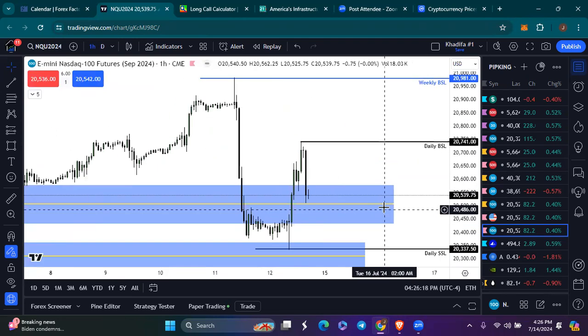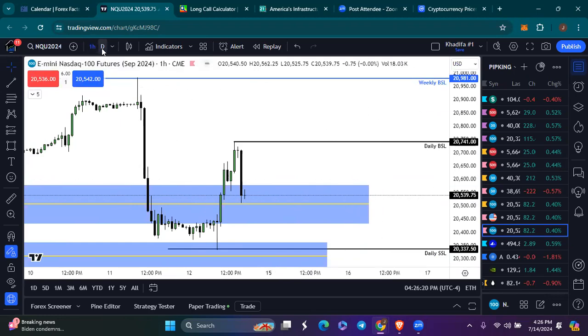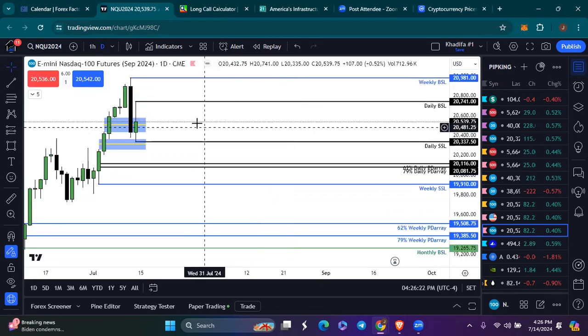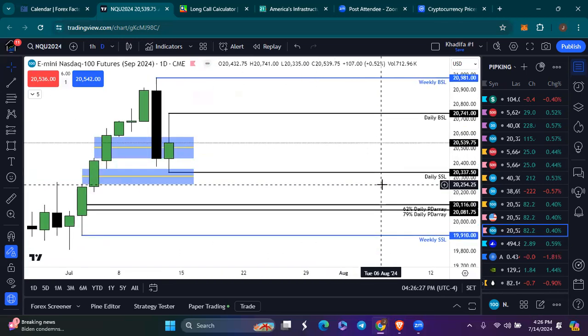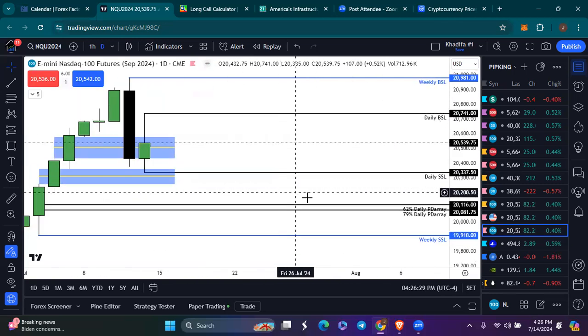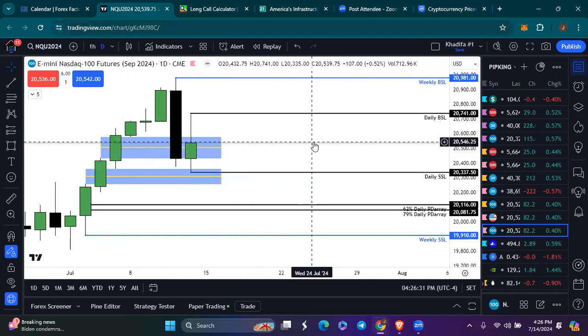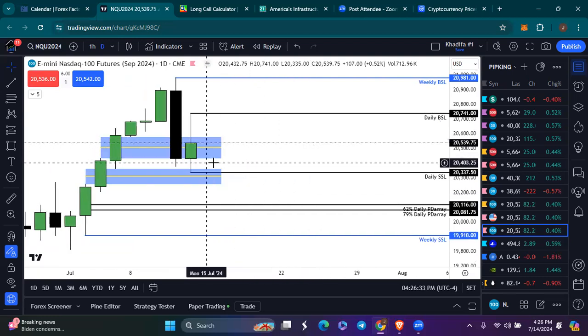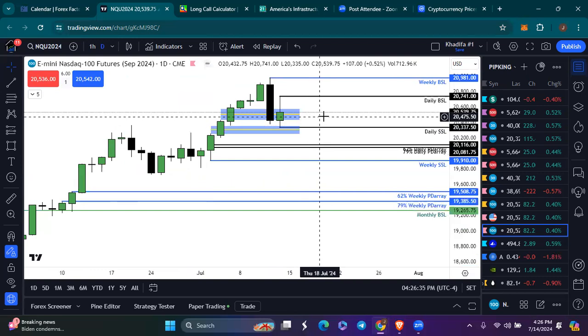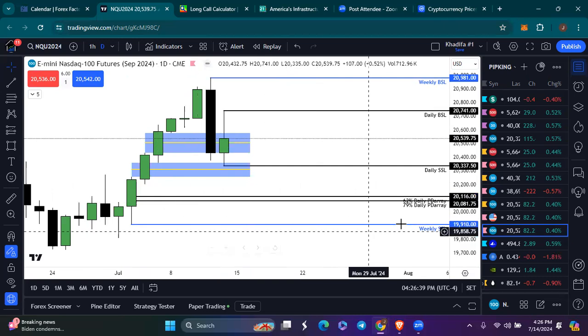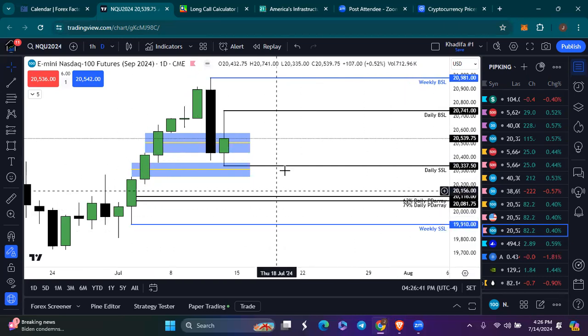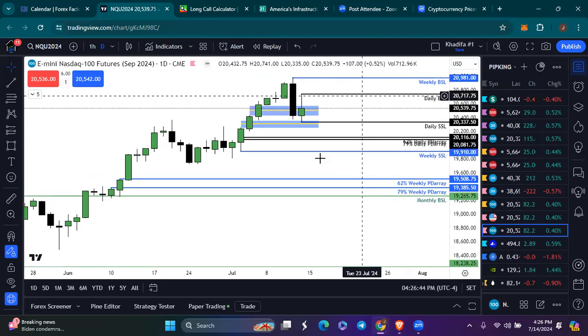Now, keep in mind that we have to account for the assassination attempt that happened this weekend on former President Trump. So we've got to see how that affects the market. I'm thinking that we see a big gap to the downside to clean up all of this imbalance before continuing higher.